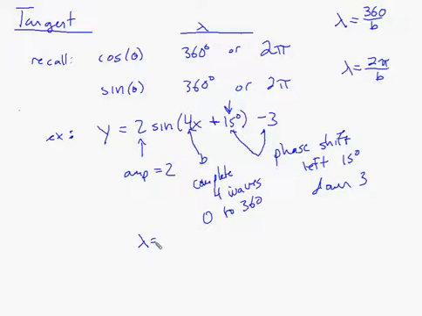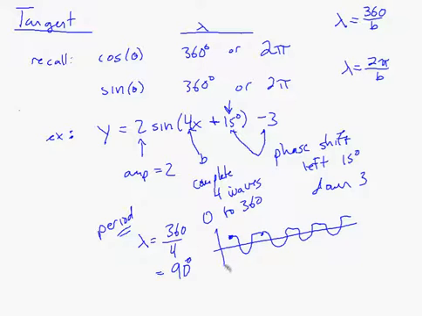And then we could ask the wavelength question, or the period. Your book calls it the period. That's fine. The period is going to be our 360 divided by 4, so 90. So every 90 degrees, our sine function completes its wave. That would happen 4 times.